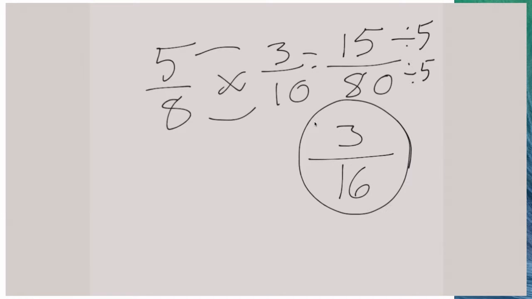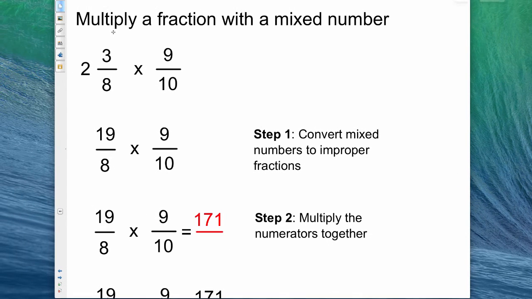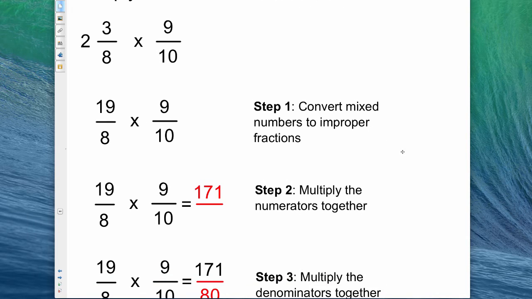Let's go ahead now and move on to learning about how to multiply fractions and mixed numbers. In this example, 2 3/8 times 9/10, we're going to be multiplying a fraction with a mixed number. Here we have 2 3/8. So we start out at step 1 by converting the mixed numbers to improper fractions.